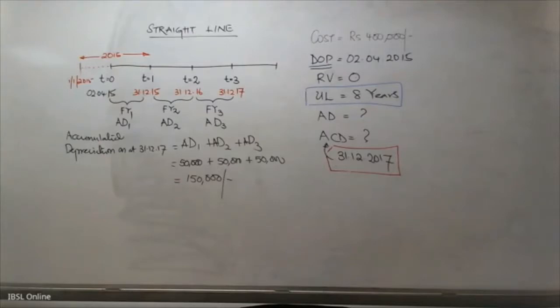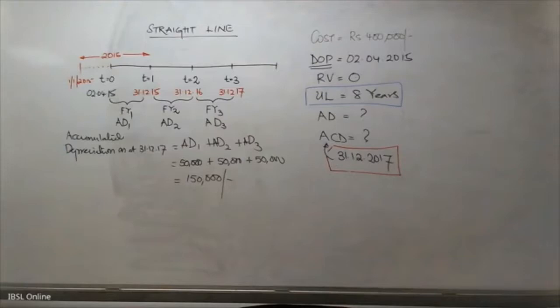Now I think other students also would have understood the question. We are talking about a financial year which is not 12 months, because this asset has been purchased on 2nd April 2015. So if you look at the 2015 financial year, this asset has been used only for 9 months. Am I correct?